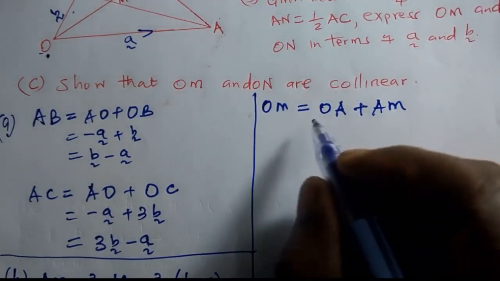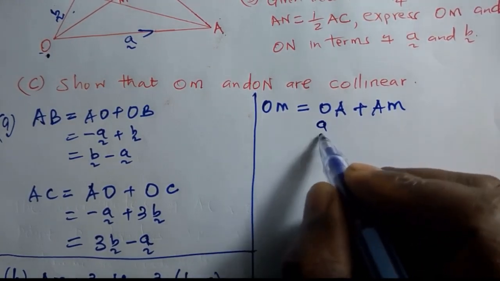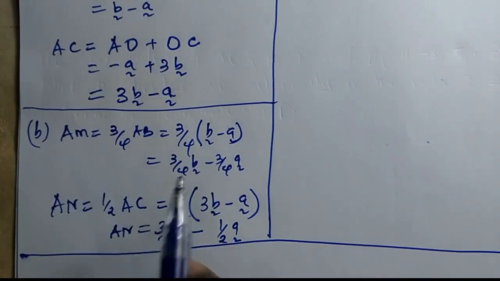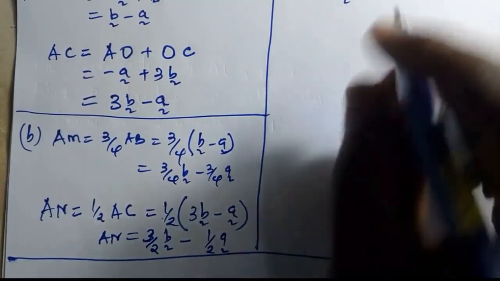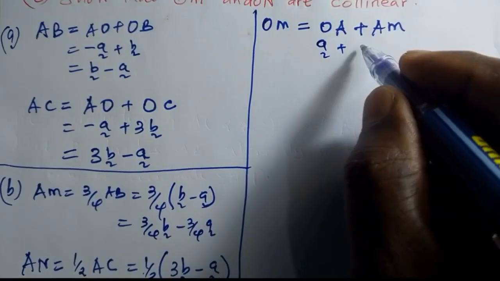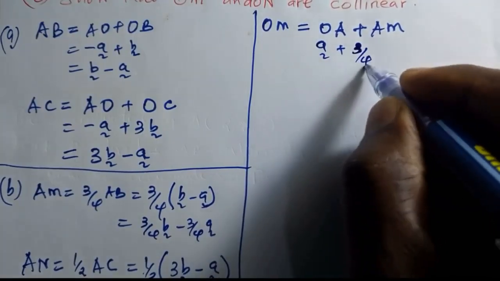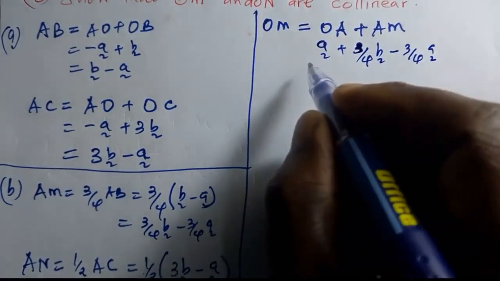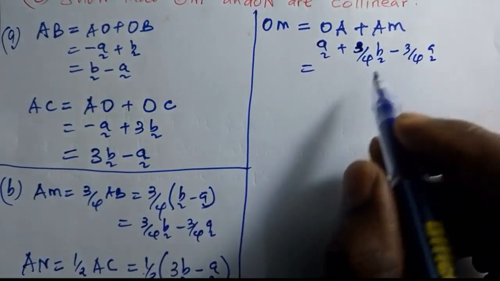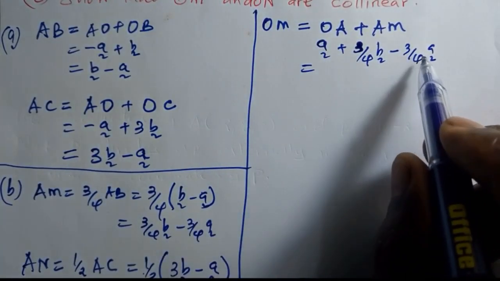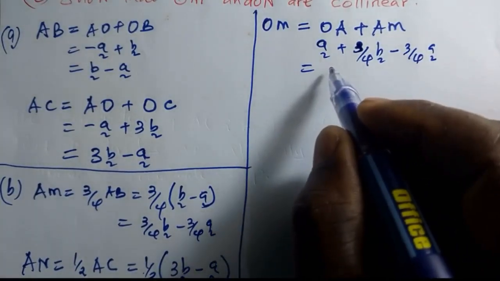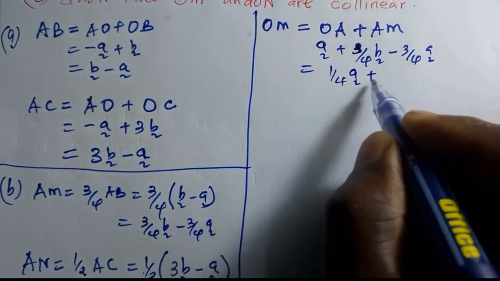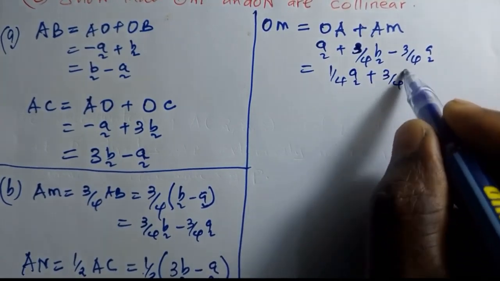We have OA, which is A, plus AM, which is 3 over 4 B minus 3 over 4 A, meaning that OM is equal to 1 minus 3 over 4 A, which is 1 over 4 A plus 3 over 4 B. That is OM.